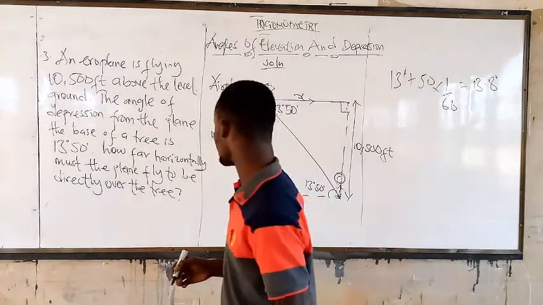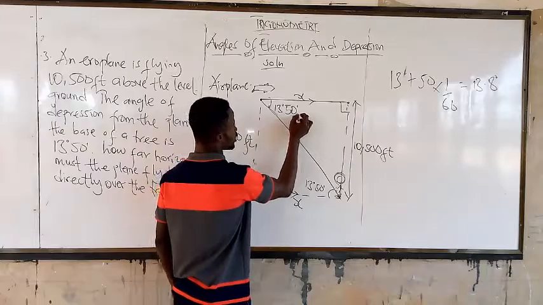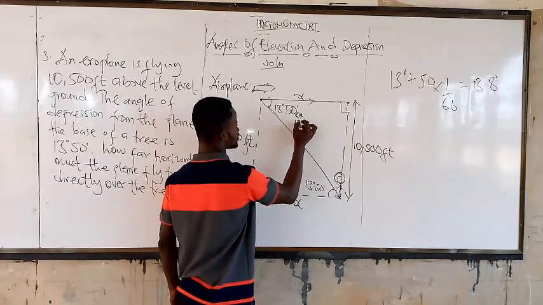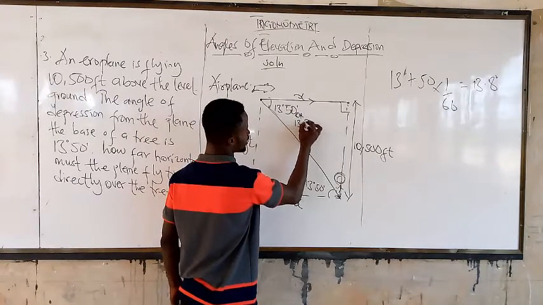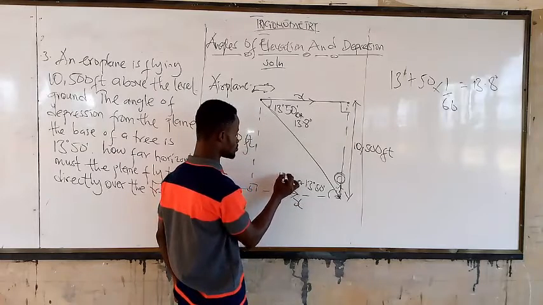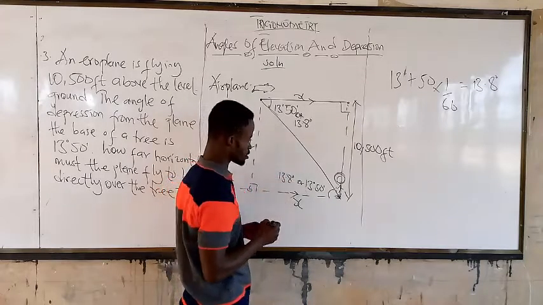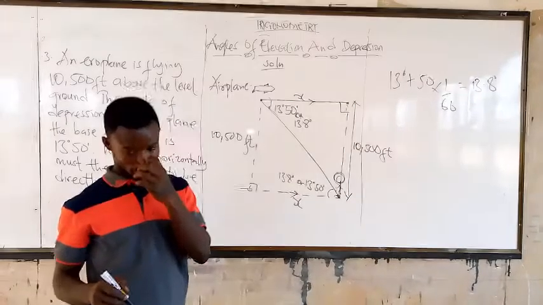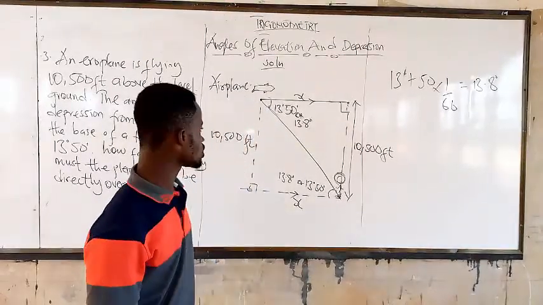So the angle of depression is 13.8 degrees. Alright, that is that. So let's move on.